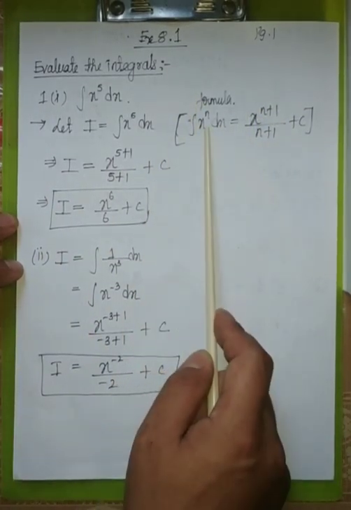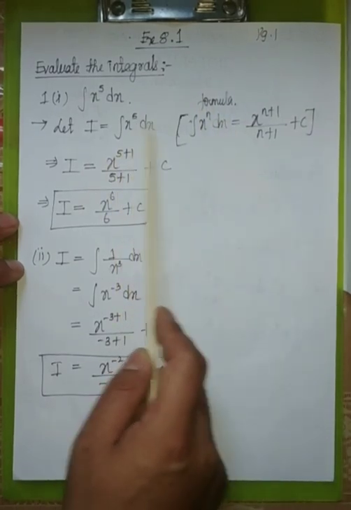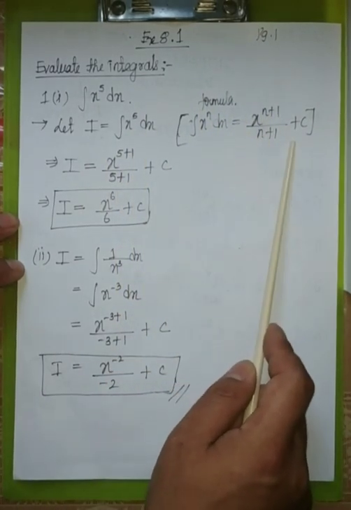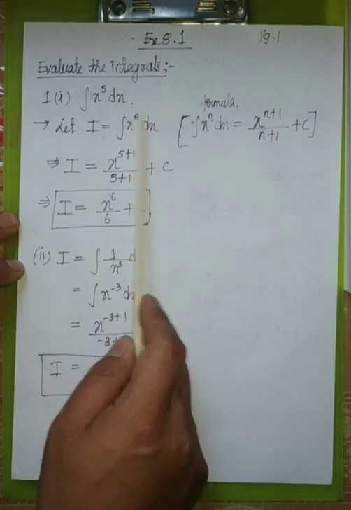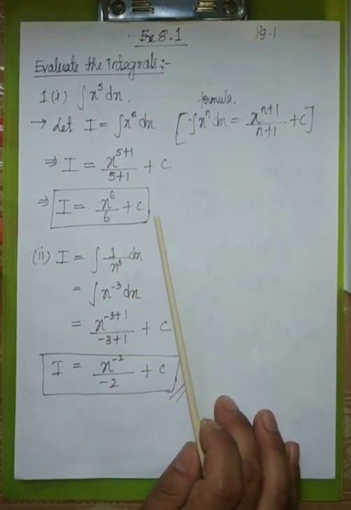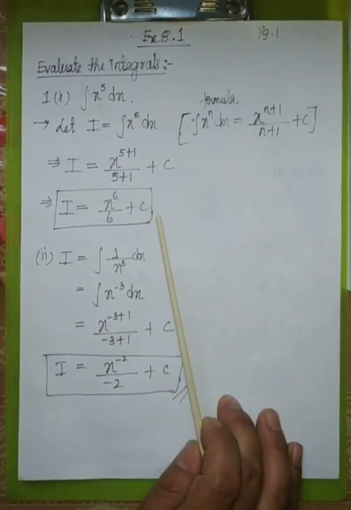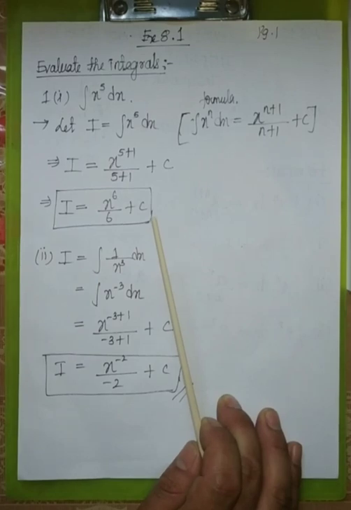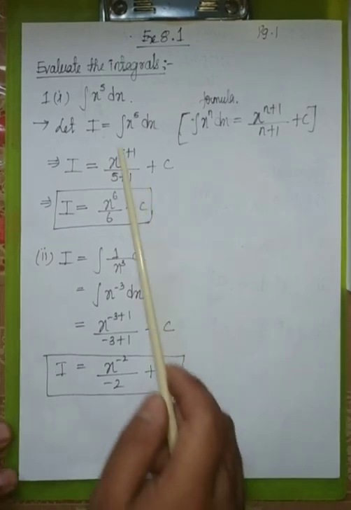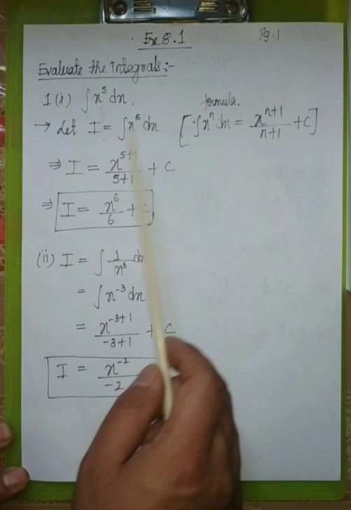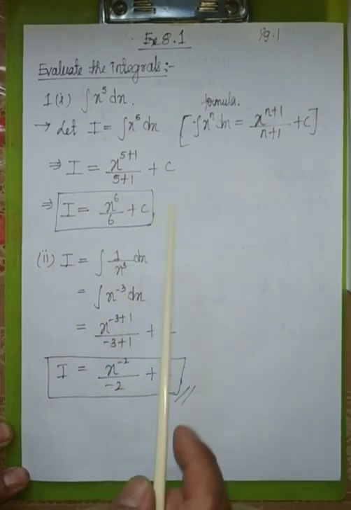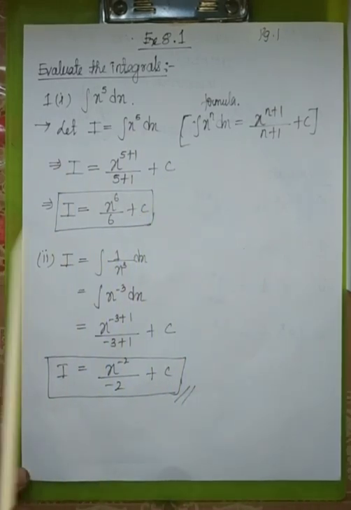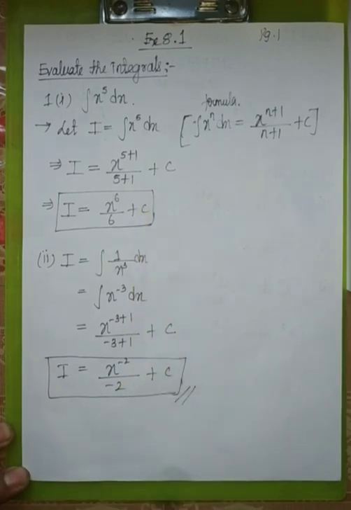So integration of x to the power n dx will be x to the power n plus 1 divided by n plus 1. So your integration of x to the power 5 will be x to the power 5 plus 1 divided by 5 plus 1, plus c. Just increase the power by 1. 5 plus 1 is 6, divided by 5 plus 1 which is 6, and plus c. Okay? Pause the video to note down.